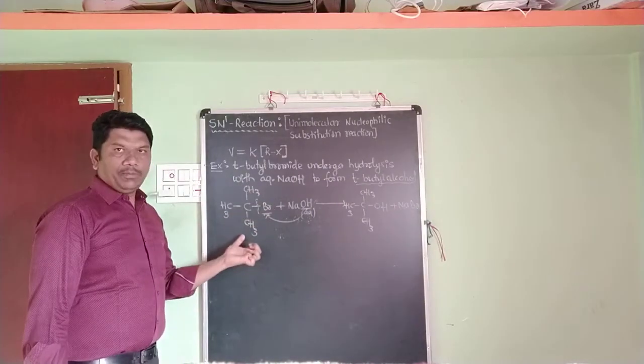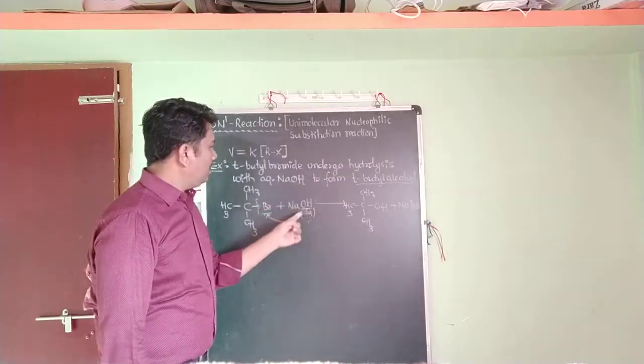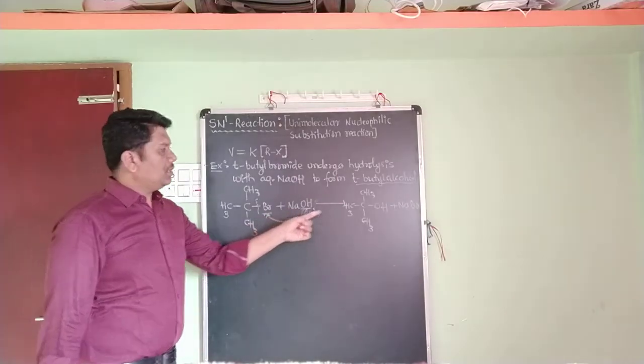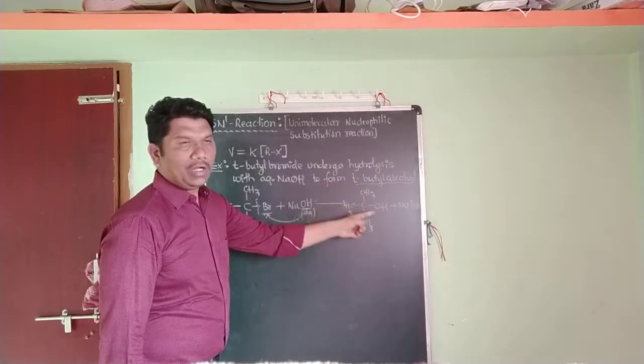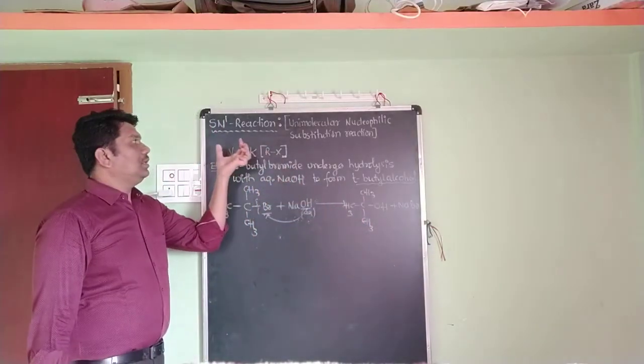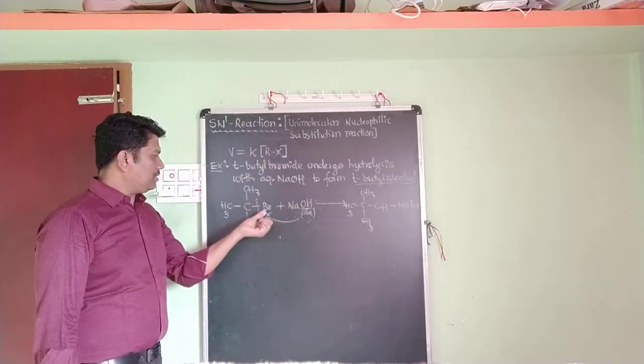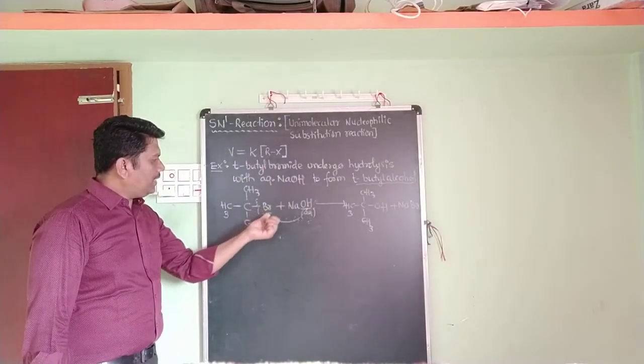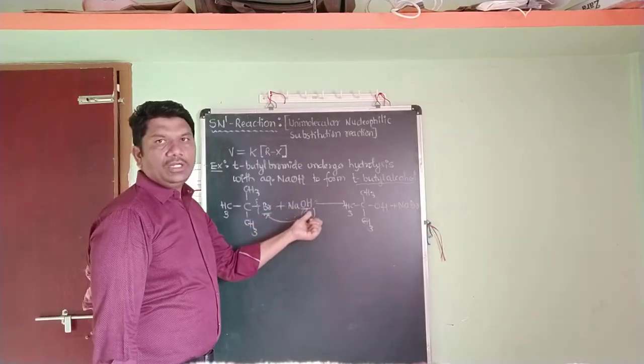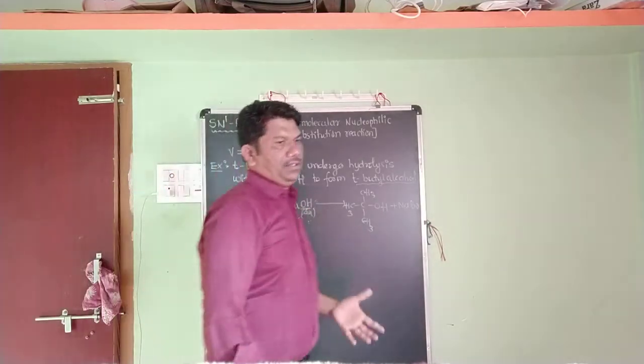Tertiary butyl bromide undergoes hydrolysis with aqueous NaOH to form tertiary butyl alcohol. This is an example of a nucleophilic substitution reaction because the existing weak nucleophile is substituted by a strong nucleophile. This is the reaction.